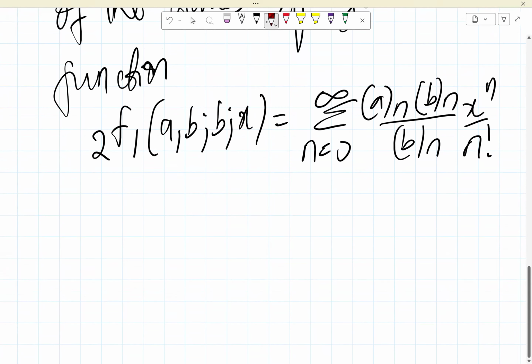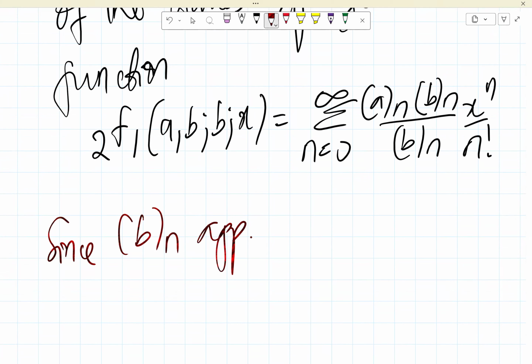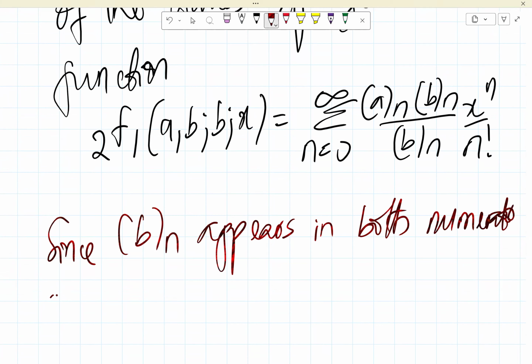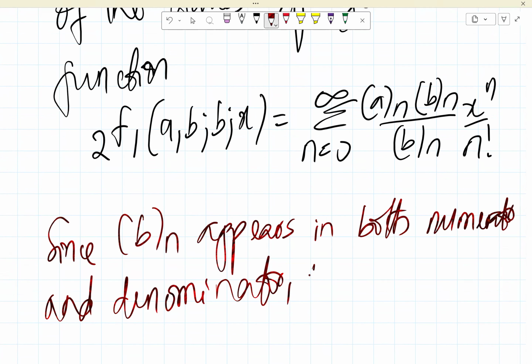Then we can go ahead to say, since Pochhammer (b)_n appears in both numerator and denominator, they simply cancel.